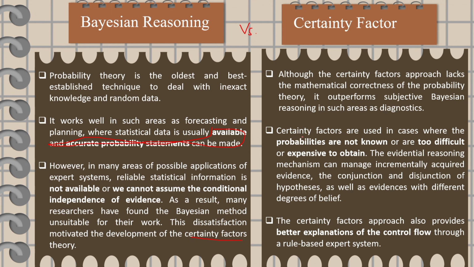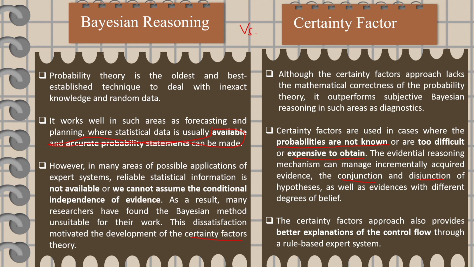Certainty factors are used in cases where the probabilities are not known, take note, are not known, or too difficult to obtain. The evidential reasoning mechanism can manage incrementally acquired evidence, the conjunction and disjunction of hypotheses, as well as evidences with different degrees of belief.